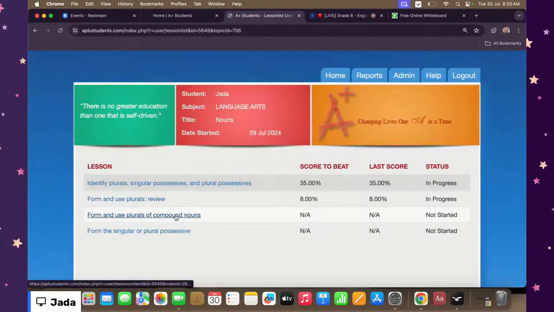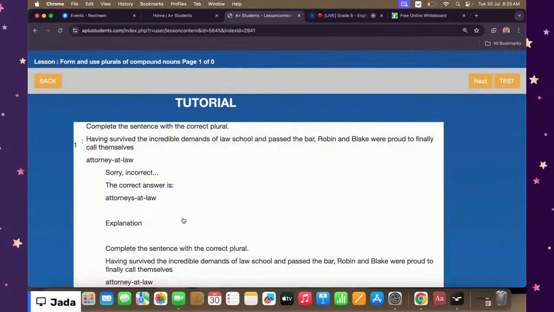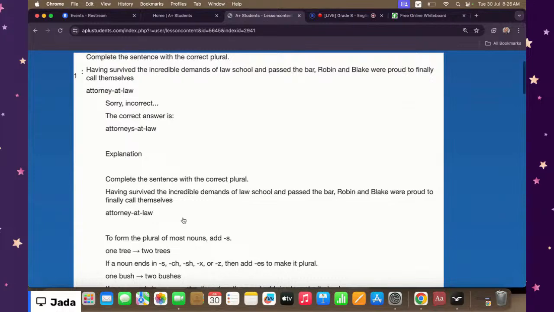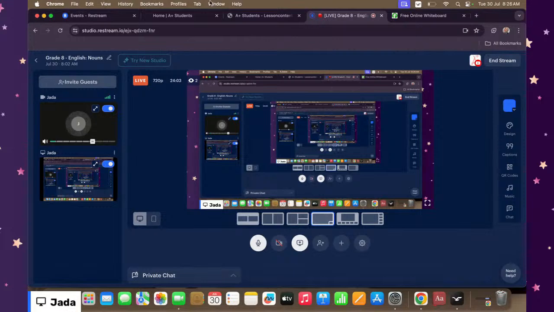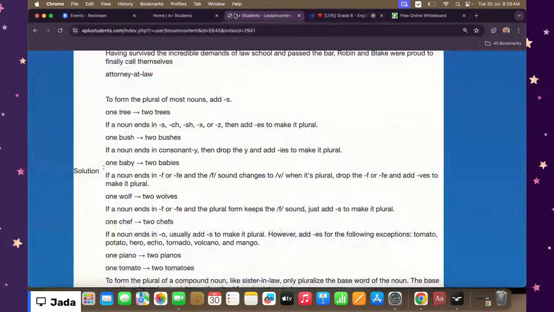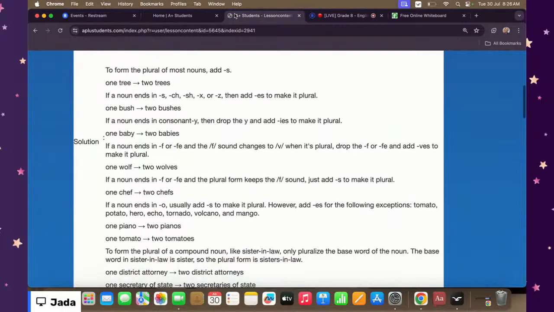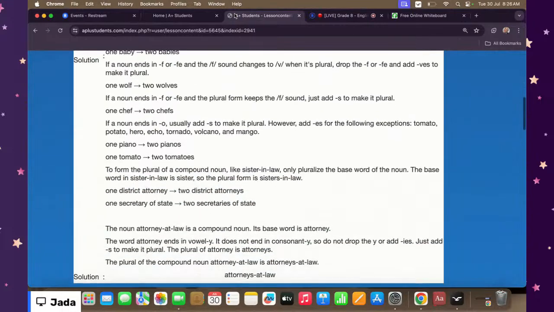Form and use plural of compound nouns. It's still the same basic explanation that I gave for the plural, the singular, possessive. So you just have to follow the right option.